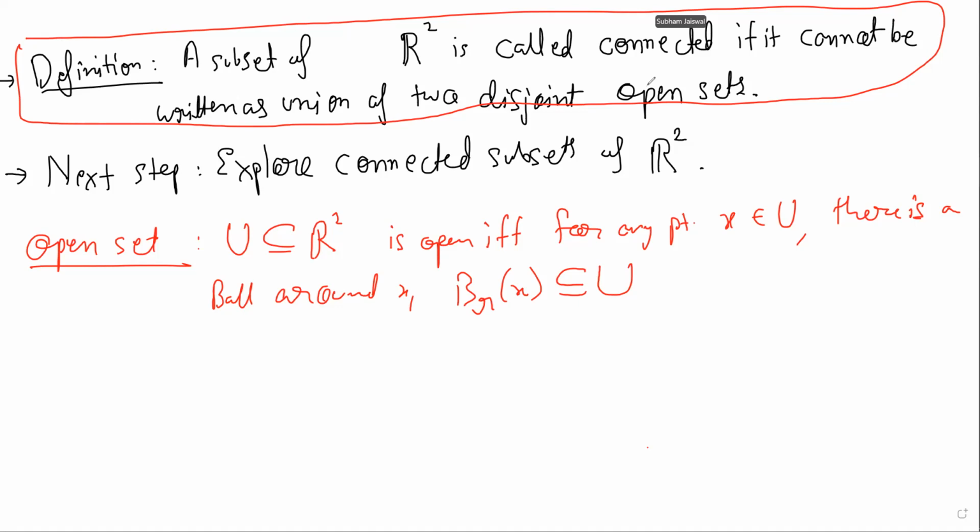So that's why we are looking at open sets. And obviously, we also use them to define connectedness. So let's keep this definition here, though we know this, and let's just explore this.